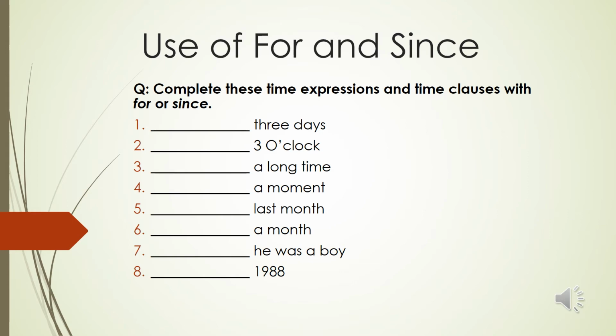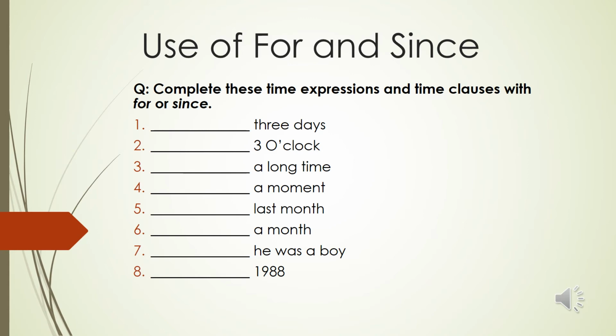Second one, 3 o'clock. Exact time is given. So we will use since 3 o'clock. Number 3, a long time. Time is not exact. So we will use for a long time. Fourth one, a moment. Moment can be any moment. It is not specific. So we will use for a moment.